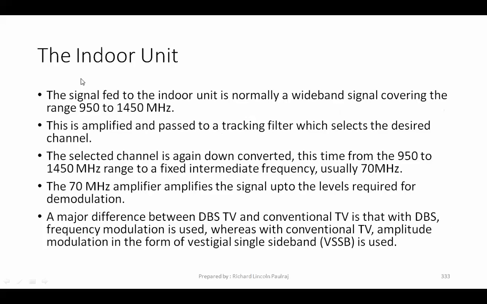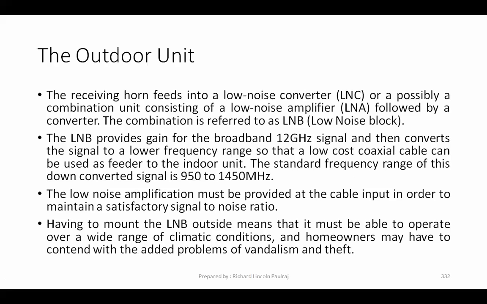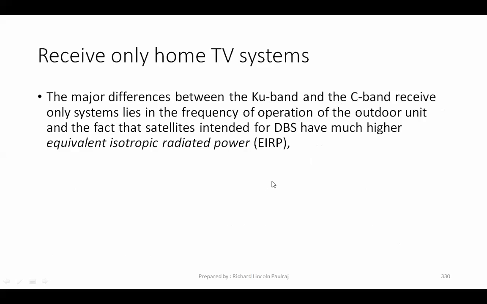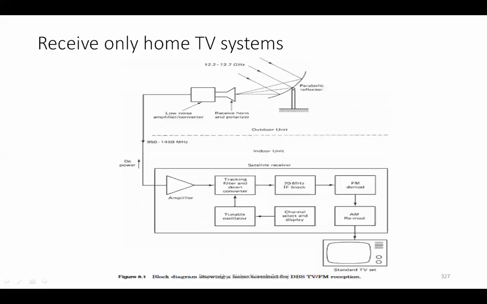So now we have to continue our discussion with the indoor unit, where the signal feed to the indoor unit is normally a wideband signal, which is ranging from 950 to about 1450 megahertz, okay. So initially it is actually a high frequency, which is about 12 gigahertz, okay. If you can see here, you can see in the diagram, right.